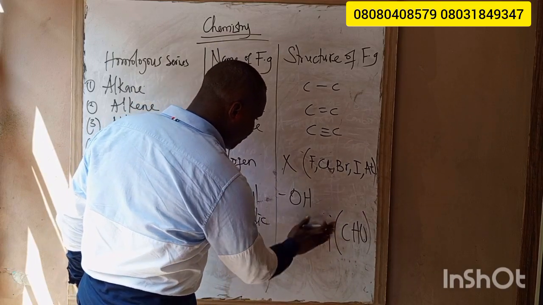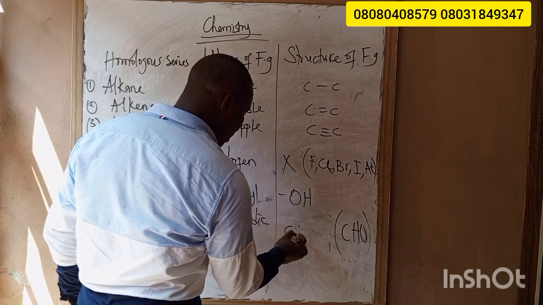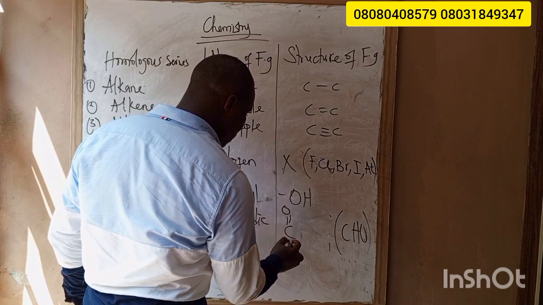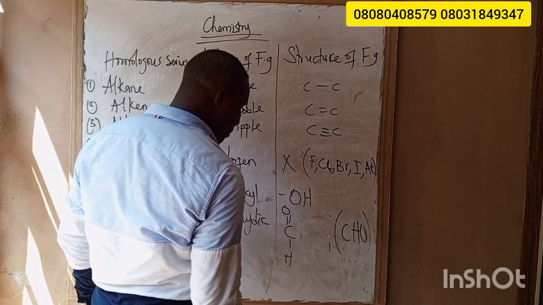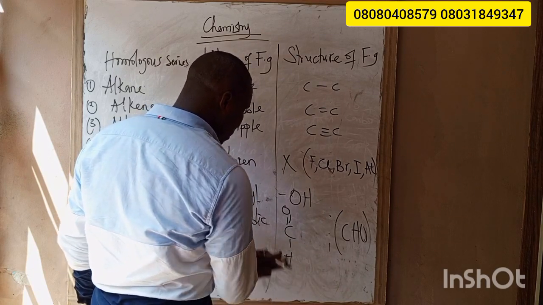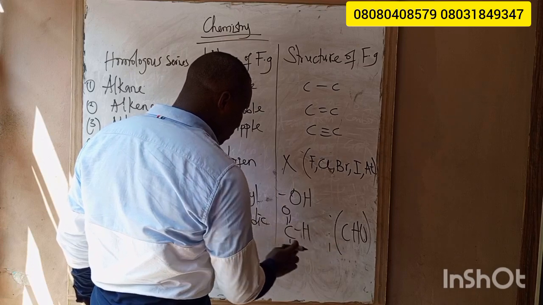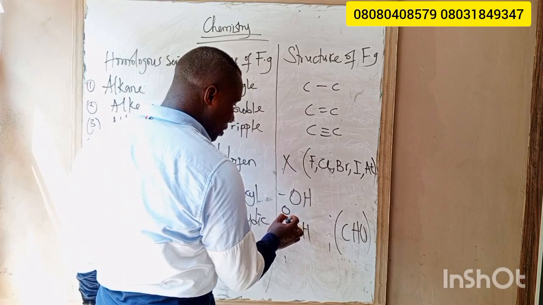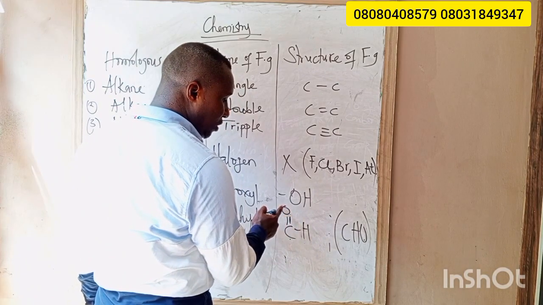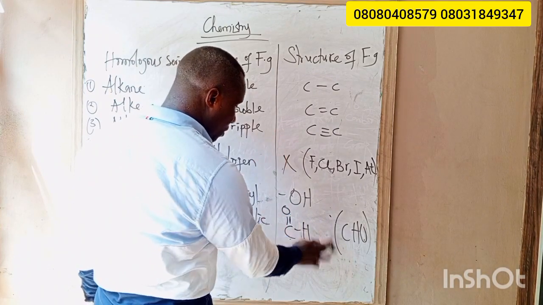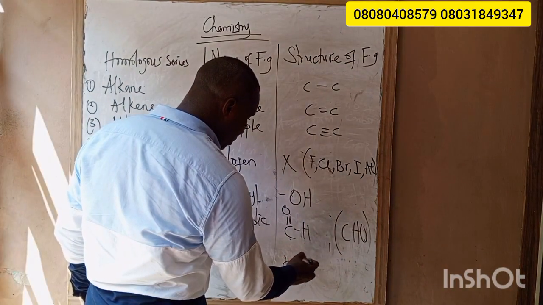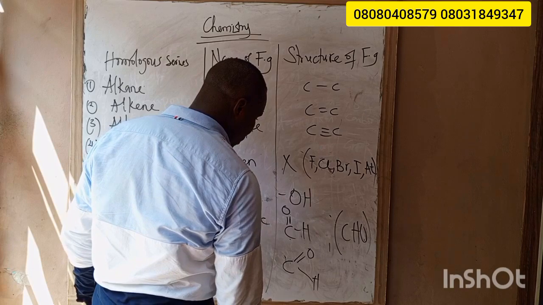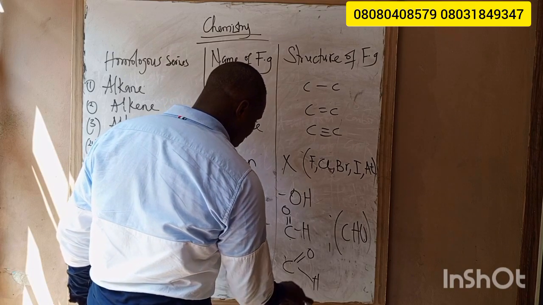Sometimes it can be given like this, or like this. It's the same. It can be given like this, double bond. The bond between the carbon and the oxygen is what? Double bond. Or it can be given in this form. Take note of that.